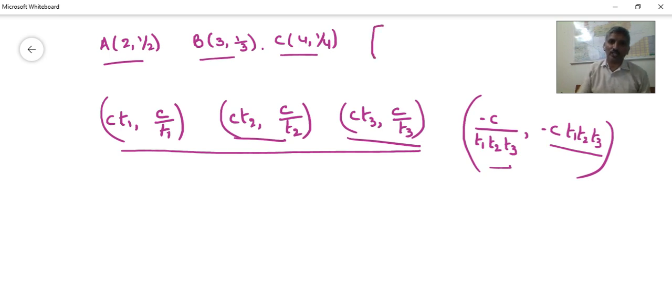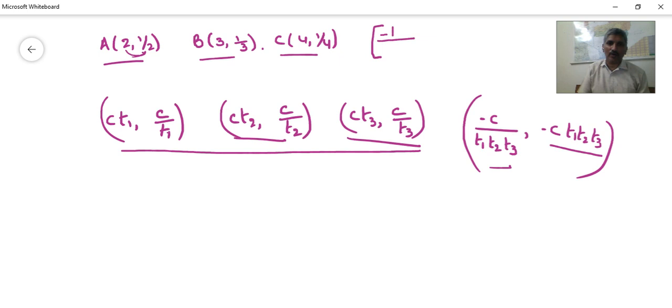Now tell me according to the information what is the orthocenter? Minus 1, because these two multiplication we are getting 1. Yes or no? That's why c value is equal to 1.